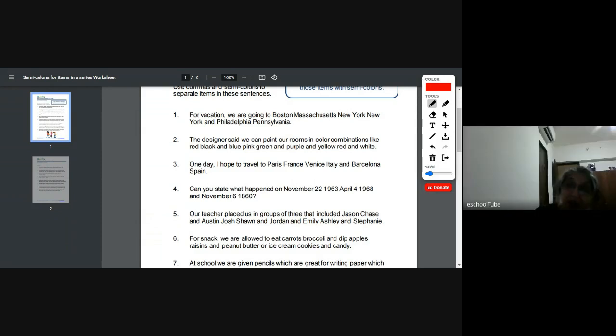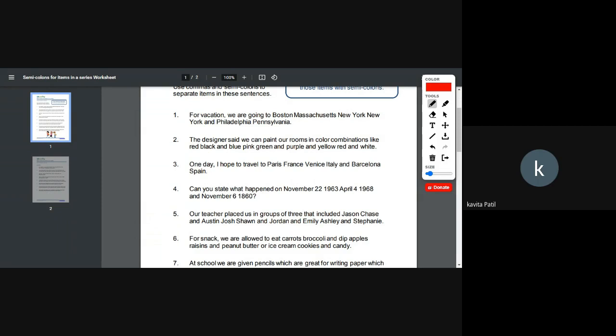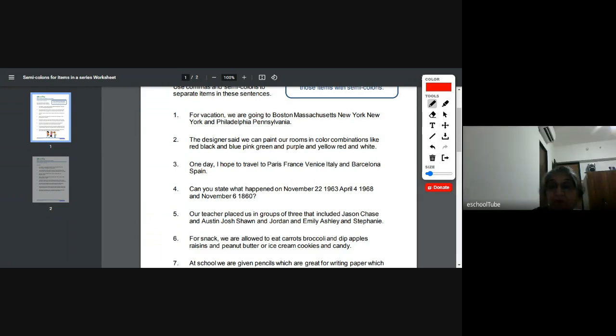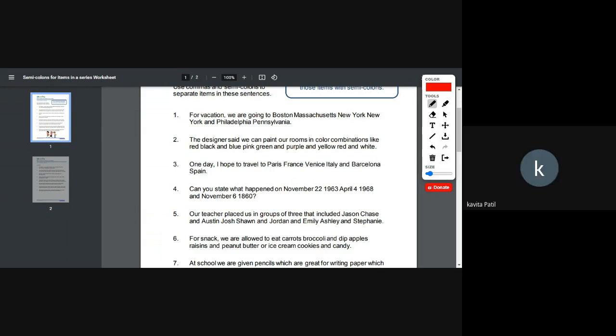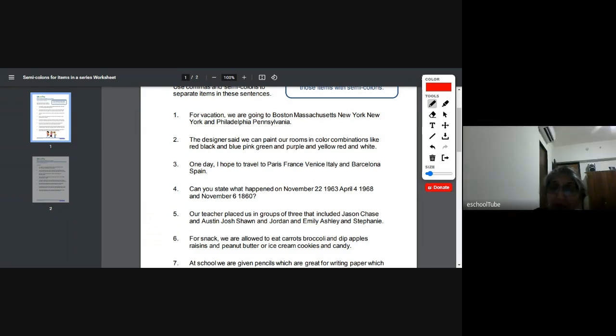Okay, ma'am. Now tell me where we should put a comma and where we should put a semicolon. Our teacher placed us in groups of 3 that included. Ma'am, after that included, it should come semicolon. नहीं, इधर semicolon नहीं चाहिए. That included. First group is Jason, Chase, and Austin. So where should I put a comma and where should I put a semicolon?